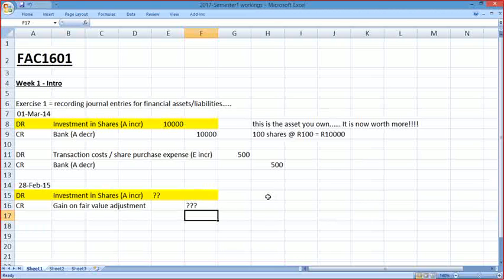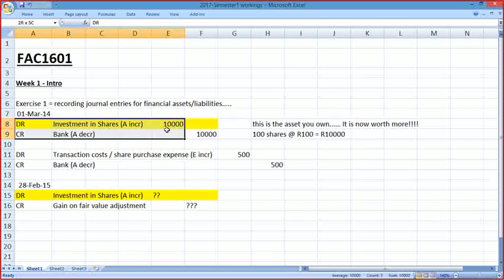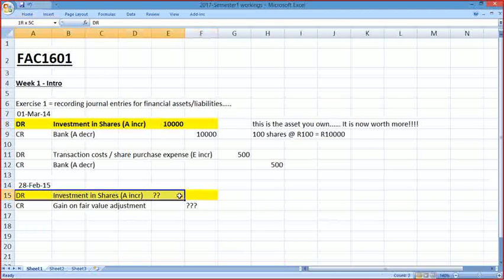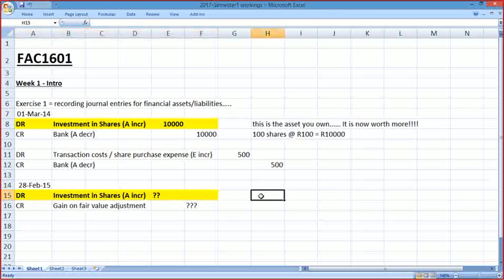12,500. No, we can't record 12,500 because we're going to be looking at this account. Okay, so you're right by saying that 100 shares at 125 is 12,500. Do you agree? Yes. But what are you currently recording in your books?